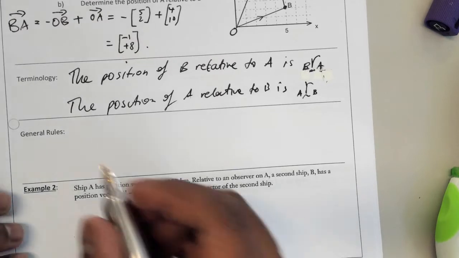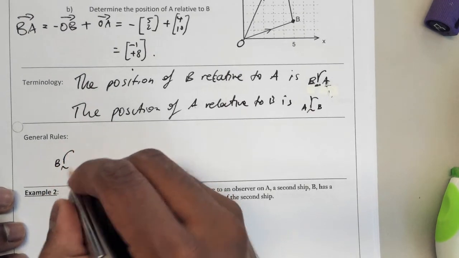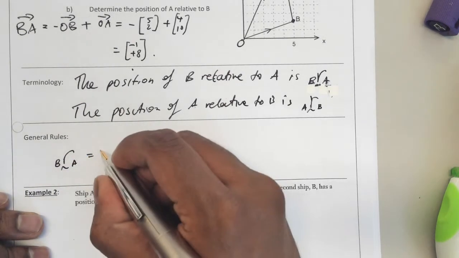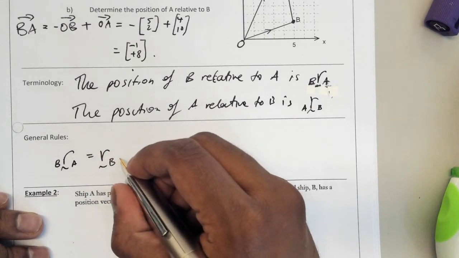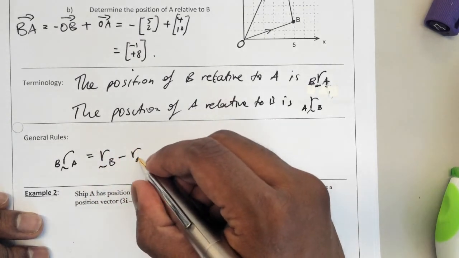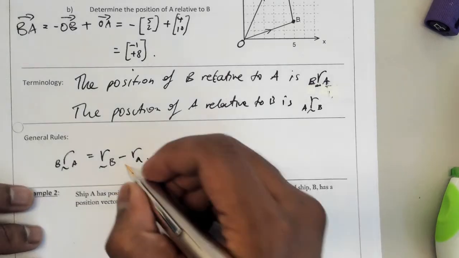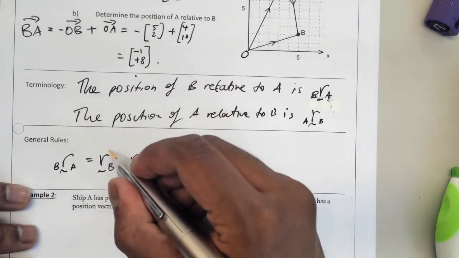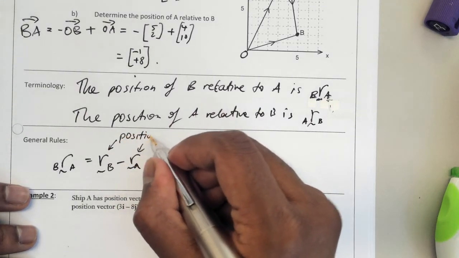So the general rule for B relative to A would be the vector of B minus the vector of A. Is that the position vector? Yes, so these are position vectors.